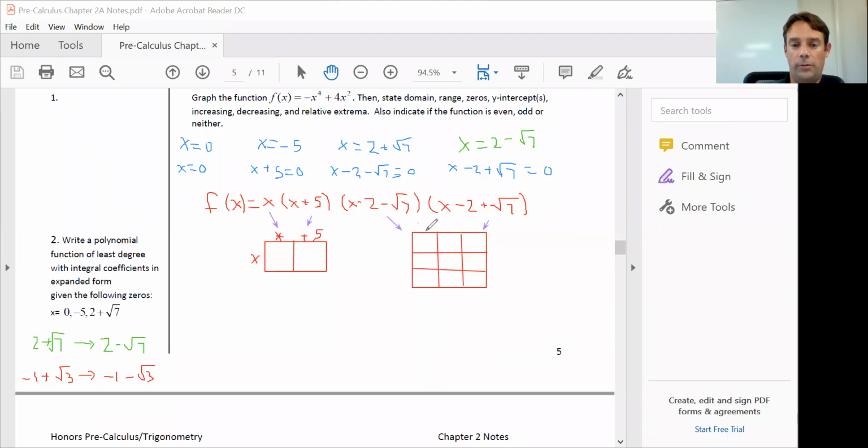So what do we got there? I got an x. I got a minus 2. I got a minus root 7. I got an x minus 2 positive root 7. All right, so we're going to multiply here a little bit.